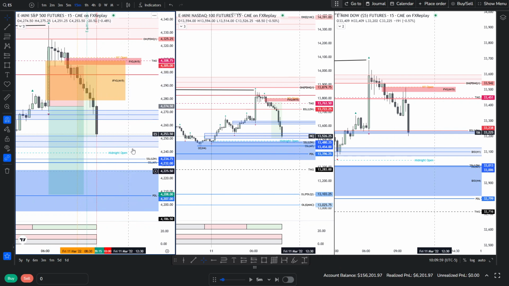Certainly looks as though the previous day's low is the draw.